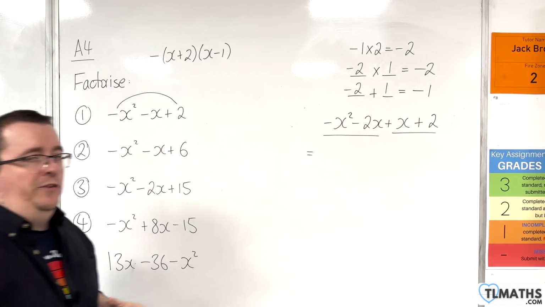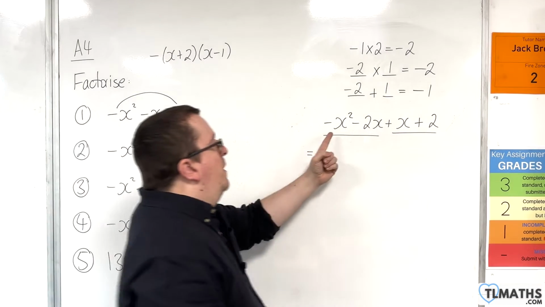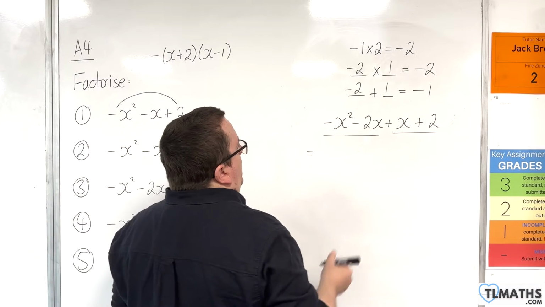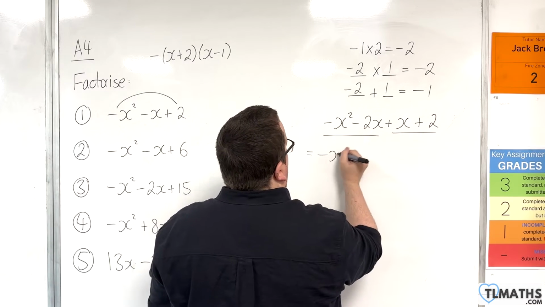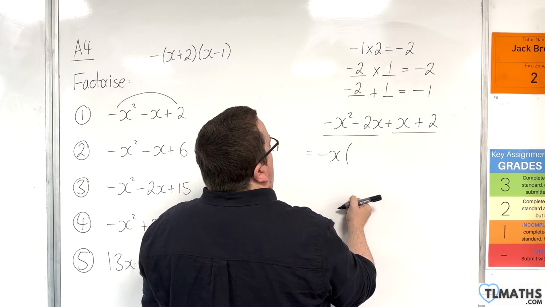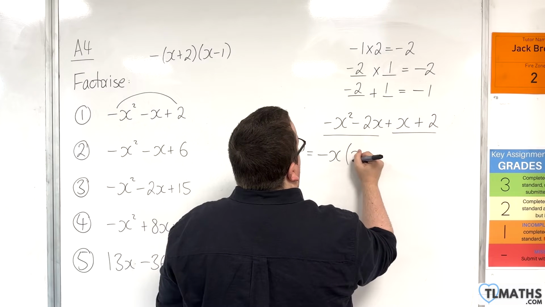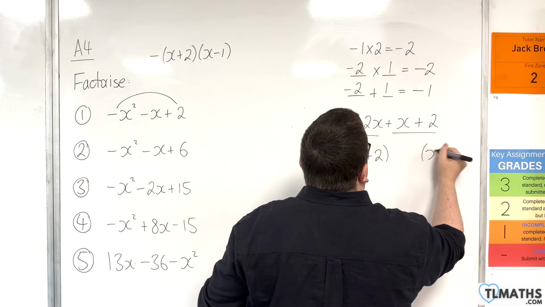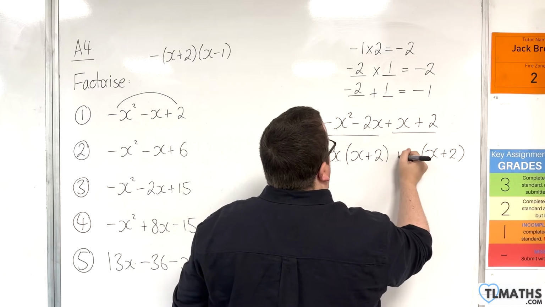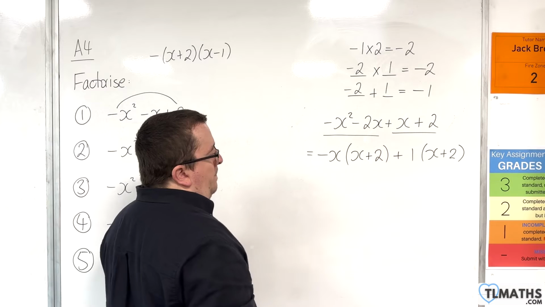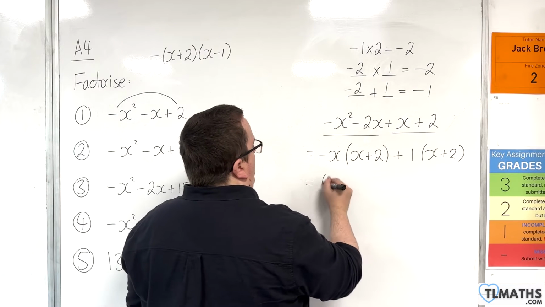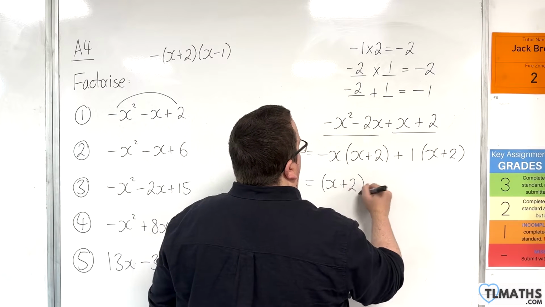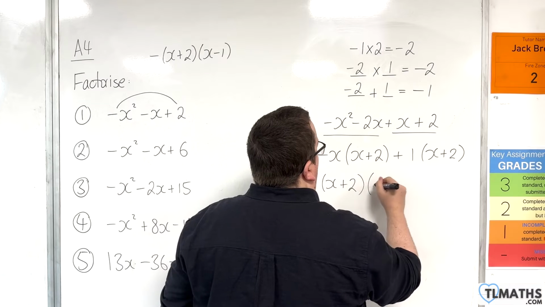I then factorise the 2 halves. With minus x squared take away 2x, I could factor out minus x. And I would have in the bracket x plus 2. Now I know that I need x plus 2 here, so I'm going to have plus 1 lot of x plus 2. So one bracket is x plus 2, and the other bracket is minus x plus 1.